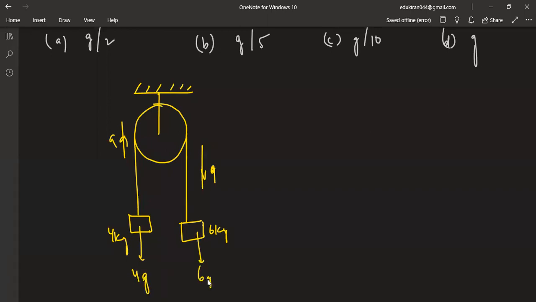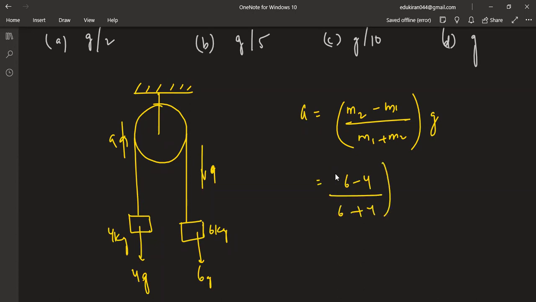This is going to be 6g. Now accelerations directly use this formula, (m2 minus m1) by (m1 plus m2) into g. In one line, you will get your answer, that is (6 minus 4) by (6 plus 4) into g. So this is 2 by 10 into g, that is g by 5. So B option is right.